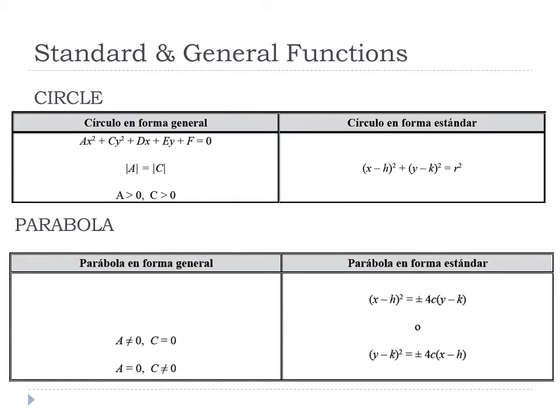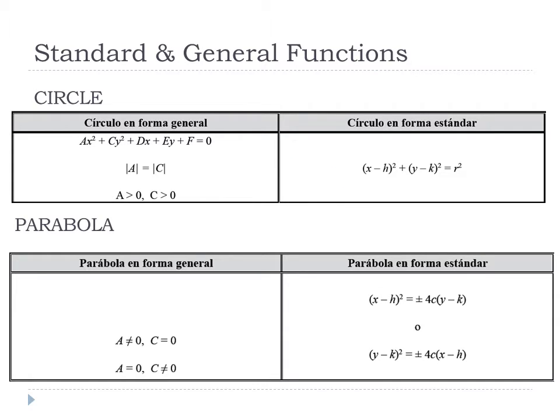So in this first case, if the factor of the x squared term, namely A, is equal to the factor of the y squared term, namely C, then this is a circle. So just by completing the square for both terms, you will find out the standard equation, going from the general to the standard.